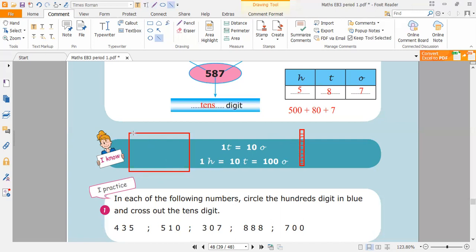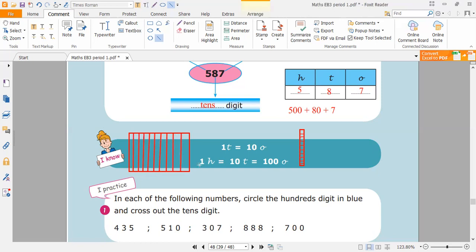It means this 100 has 10 rods. 1, 2, 3, 4, 5, 6, 7, 8, 9 and 10.